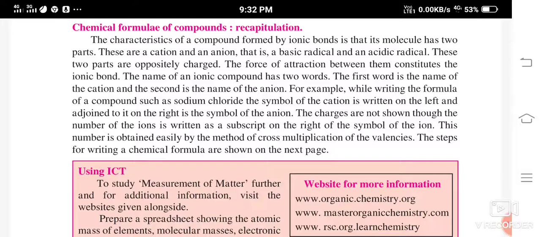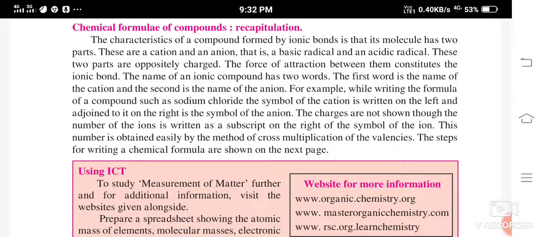So the first part is the cation and the second part is the anion. That is, the cation is written on the left side and the anion on the right side. The charges are not shown, though the number of the ions is written as a subscript on the right side of the symbol of the ion. This number is obtained easily by the method of cross multiplication of the valencies.